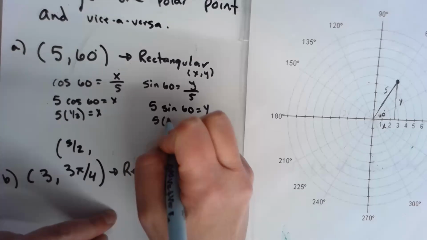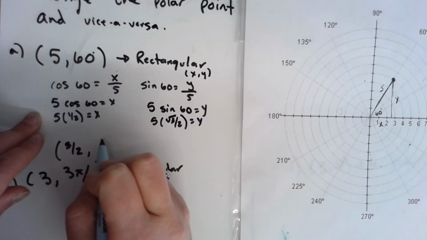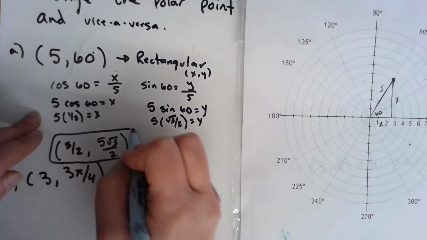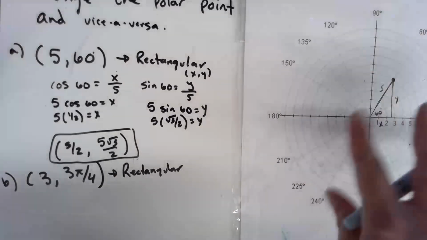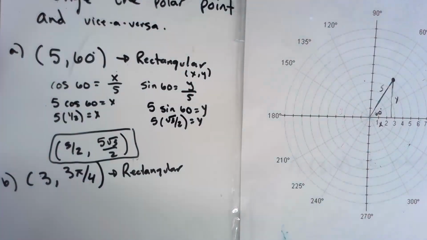So this is 5 times square root 3 over 2 equals y. So I'm going to get 5 square root 3 over 2, and this would be my rectangular coordinate, given my polar. If I was to graph this on a rectangular Cartesian coordinate plane, it should be in the same spot as this 5, 60 degrees in my polar coordinate plane.